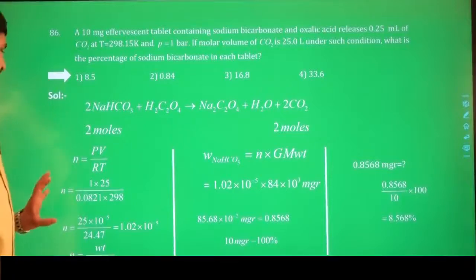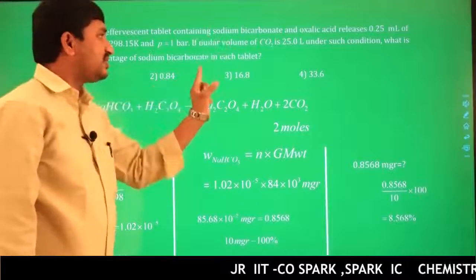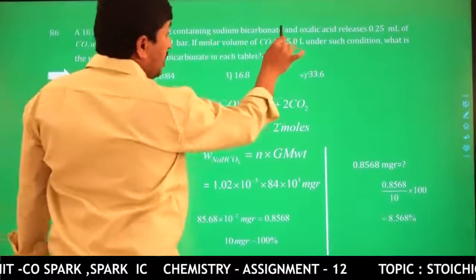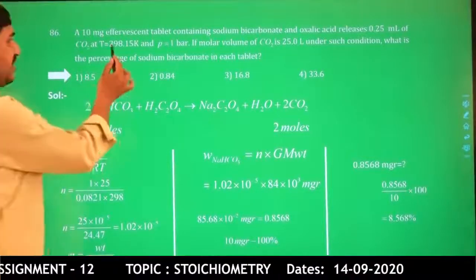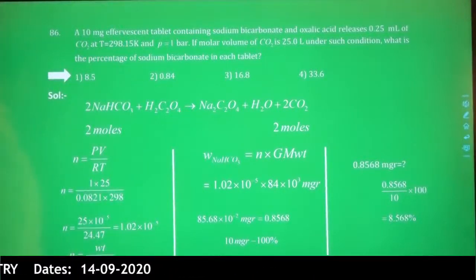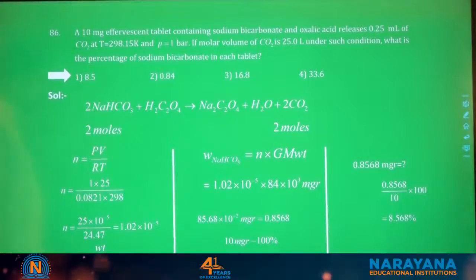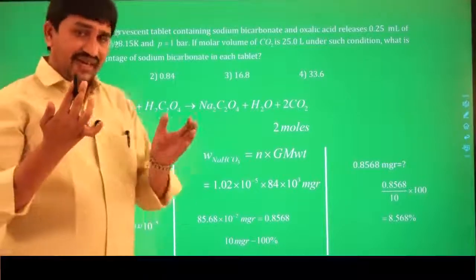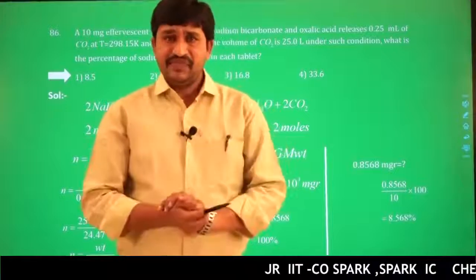Got it? So in this case, first of all you find out how many grams of sodium bicarbonate are present for the 25 ml of CO2. Temperature, pressure and volume are given, so you apply the ideal gas equation. The ideal gas equation is PV = nRT. Then the number of moles n = PV/RT. P indicates pressure; 1 bar is approximately 1 atmosphere, because 1 atmosphere is equal to 1.01325 bars.